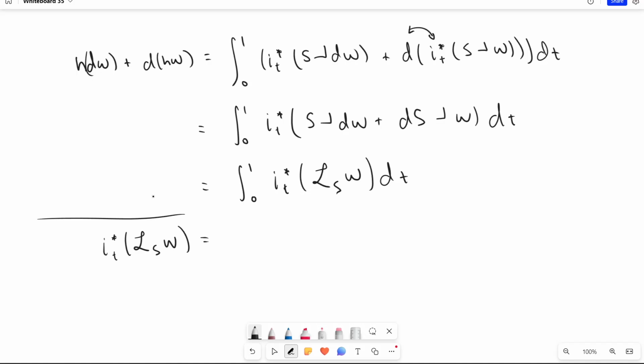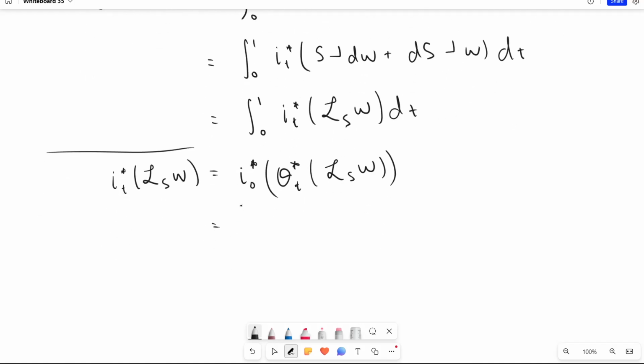Let's call theta the flow associated to S. So rather than pulling back at time t, we translate the whole thing up by t or down in one of these directions using the flow associated to S. Then the Lie derivative is the derivative of a flow, right?